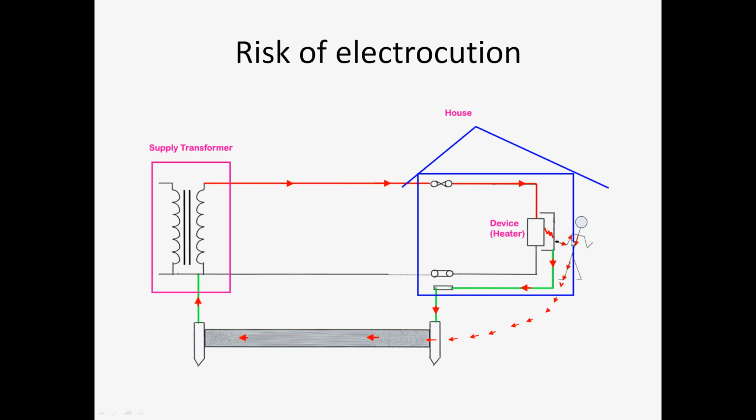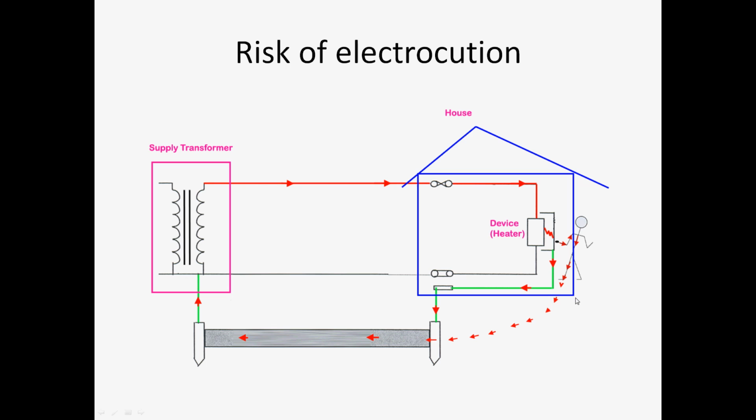Suppose a person comes and touches this body of the heater. You can see that there exists a path, because this is live. There is a possibility that the current may flow through the body of the person, and through his body it may complete the path through the earth to the transformer. In this process he may feel a shock which can be fatal.